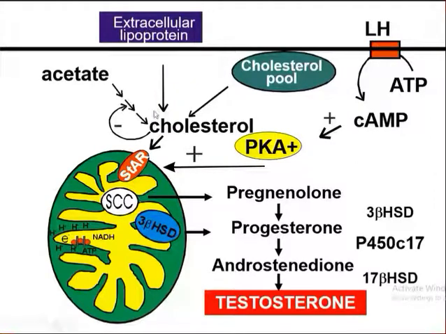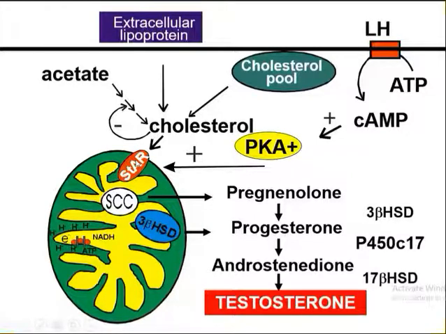This is what happens in the testis. I am going to show what happens in the testis. This is the structure of the testis. StAR is required here. This is the side chain cleavage enzyme. All enzymes are there.